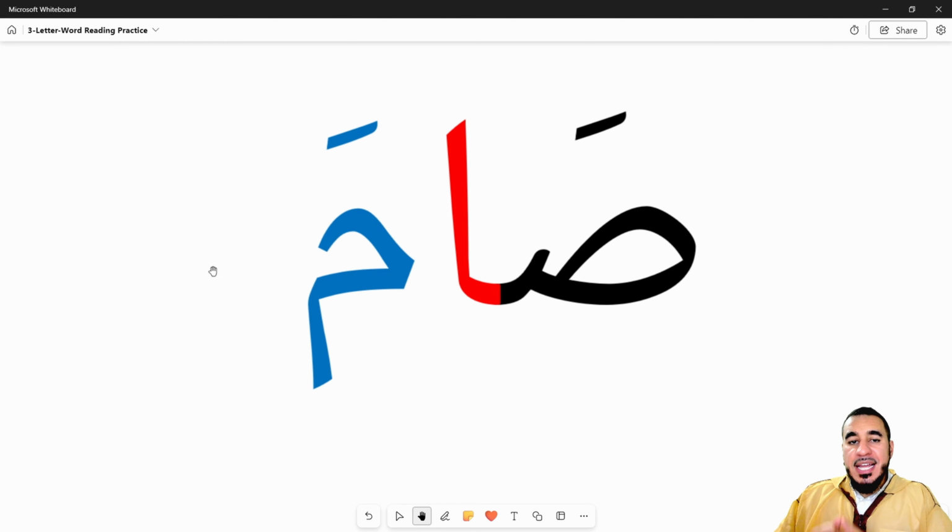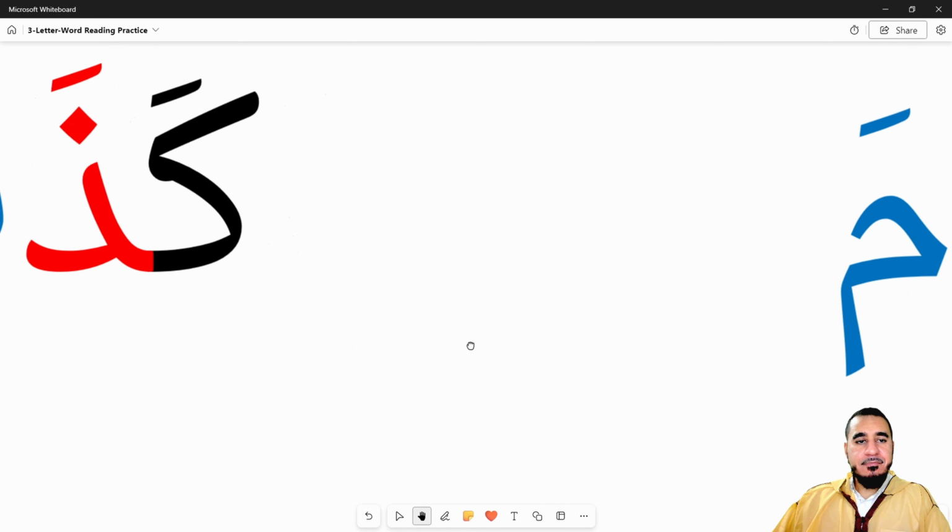So the mim is not attaching to the letter before it, and it's not attaching to anything after it because there is no letter after it. Therefore, it would be in its solo or standalone form. How do we read this word? It will be read as sama. Okay? Not sama. It will be sama.